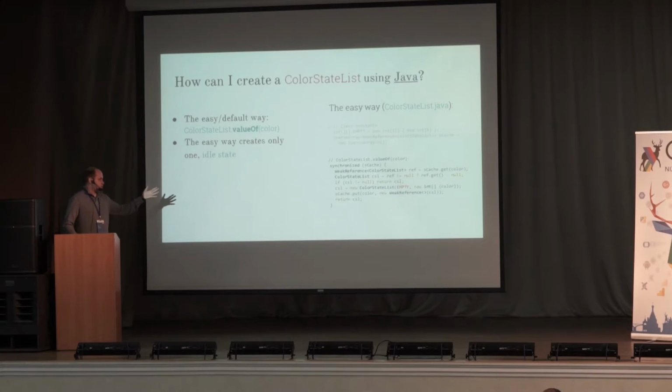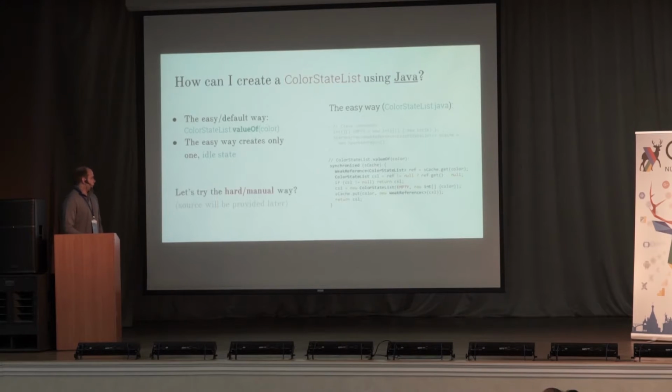It just creates a new color state list with one color, the idle one. In most cases, this will probably be fine, because all views that use color state lists know that this color is the one they want to use.